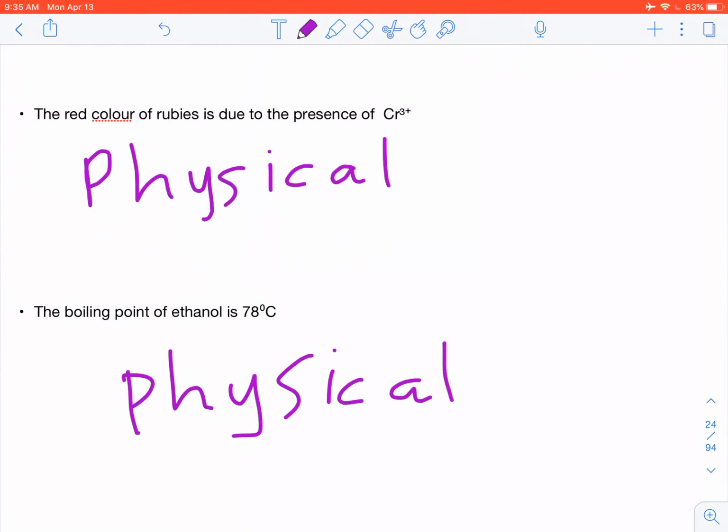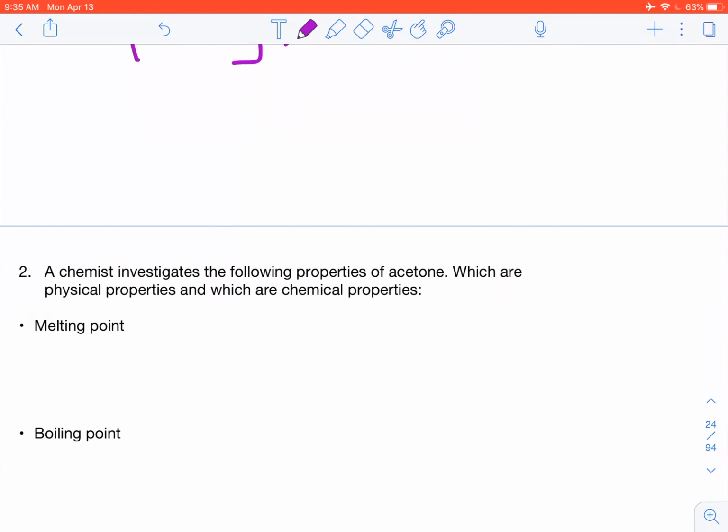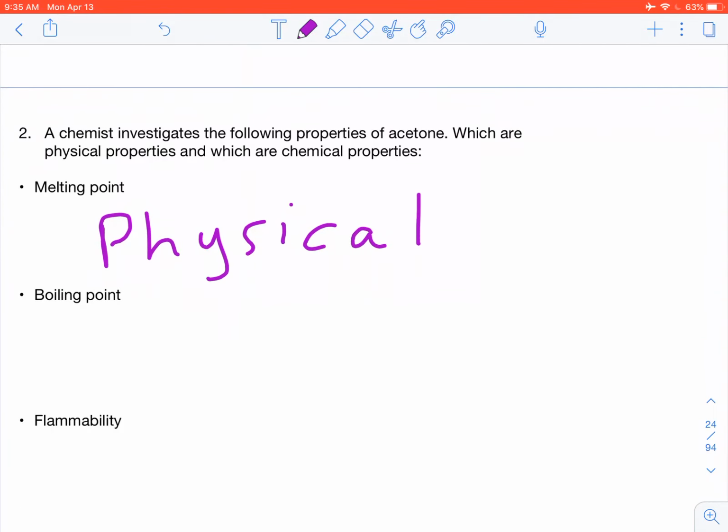Now, 2, a chemist investigates the following properties of acetone, which are physical properties and which are chemical properties. Again, we know melting point is a physical property. Boiling point is a physical property.